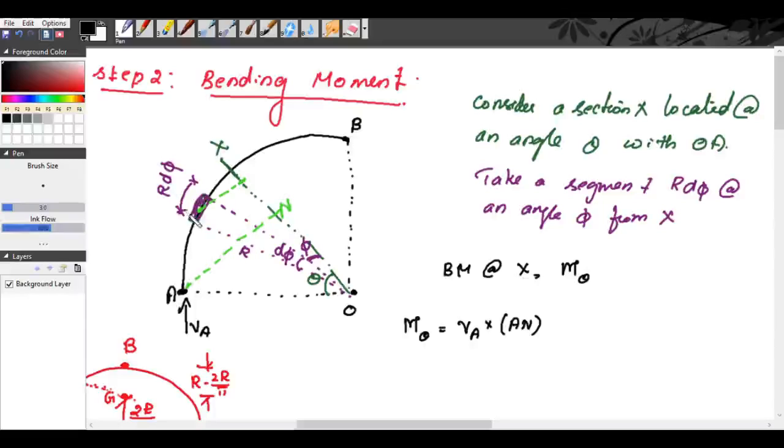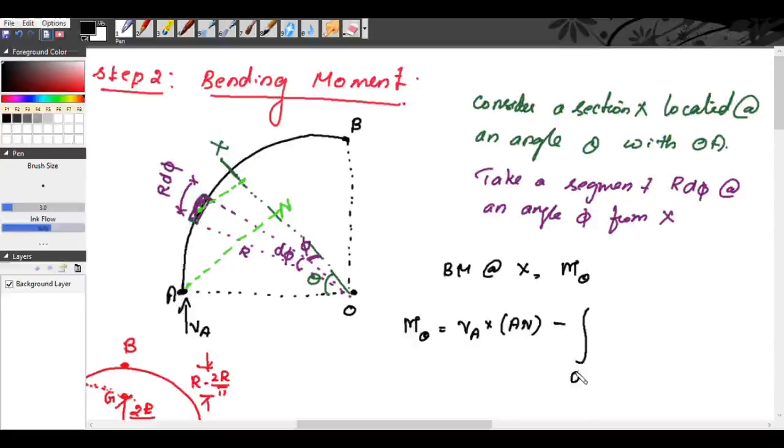Now see this load, the UDL is from A to B, so theta varies from 0 to 90 degree. It is anti-clockwise towards x, so minus.